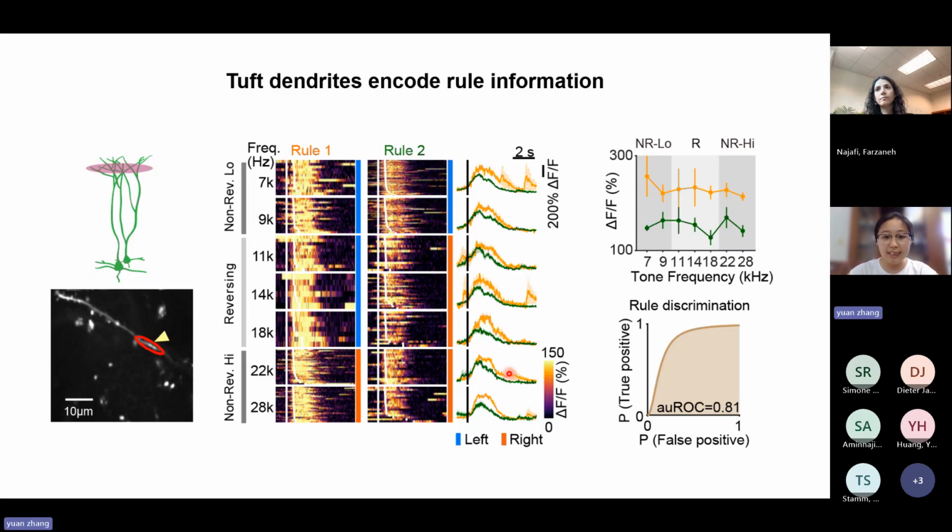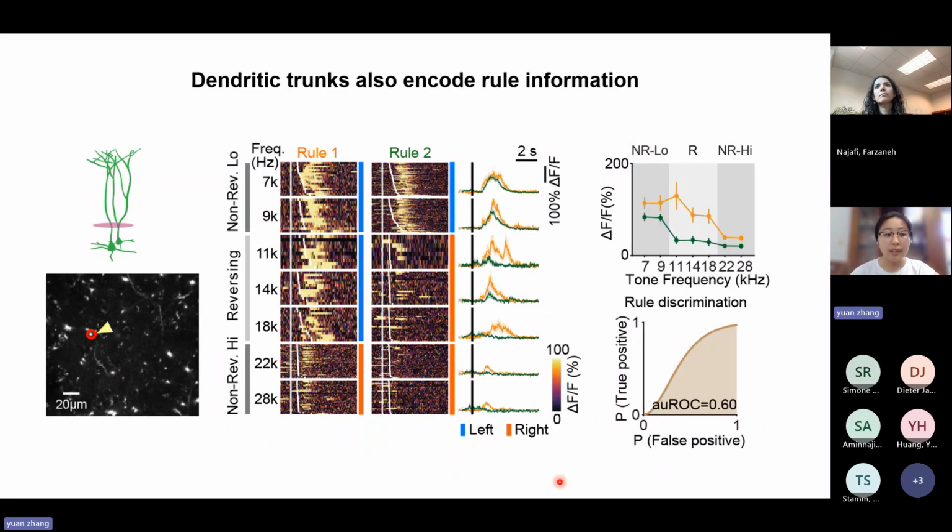For this slide, we found there is rule information in the dendrites. And then we go deeper to the trunk. The trunk's position is like here. For this example ROI, we still found there is separation in non-reversing trials, which means this is rule information.